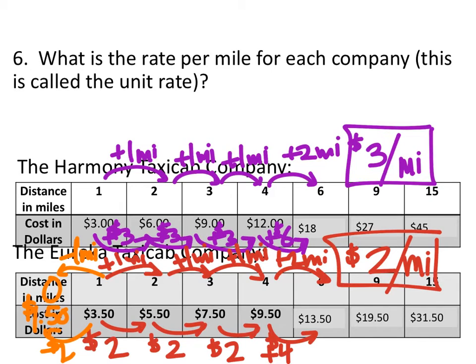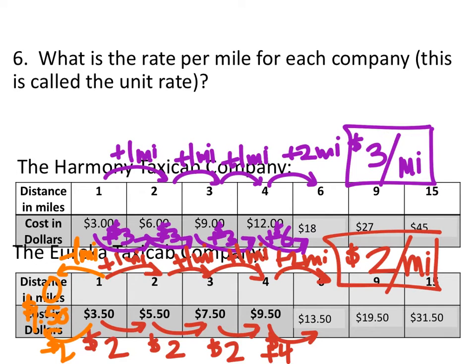Now, there is a trade there, though, right? So Harmony is saying, we'll come by, we're not going to charge you an initial fee, but we're going to charge you more. Whereas Eureka says, we're going to charge you an initial fee, so use our service because we're also cheaper. You are right, though. 15 times the 2 would be that $30, and then it shows that difference of $1.50 on the 15 miles.